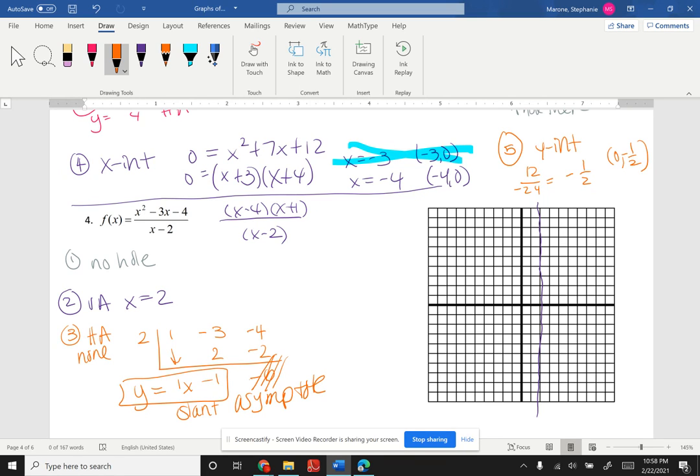So now we're going to graph that slant asymptote. I start at -1 on the y-axis and the slope is 1. And then again, you can just kind of sketch it. It doesn't have to be perfect for these. And you won't be able to get that line out of your Inspire. So that's why I don't mind when you use your Inspire.